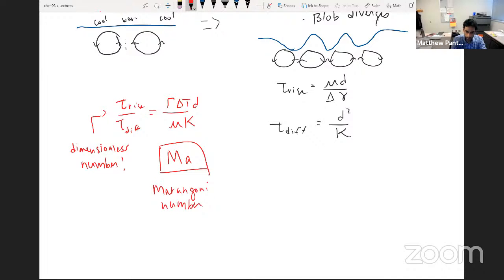So you have a question in chat. Let me open that up. It's supposed to be tau rise over tau fall, or tau... yeah, it should be tau rise on... oh no, that doesn't look right, does it?